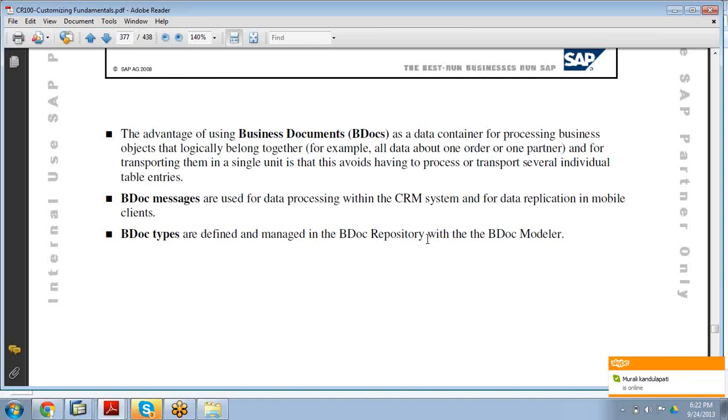Next line. We can transport this data as a single unit.